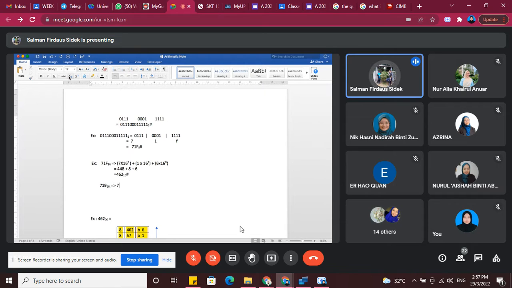7 kali berapa? 10 kuasa... 10 kuasa kosong? Dek, 7 ni kuasa berapa? Takkan kosong kot.